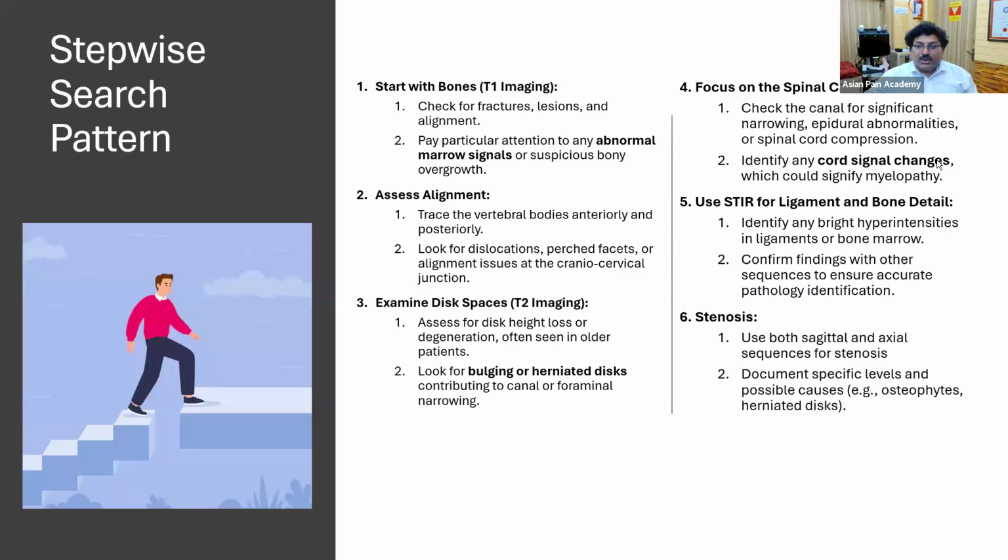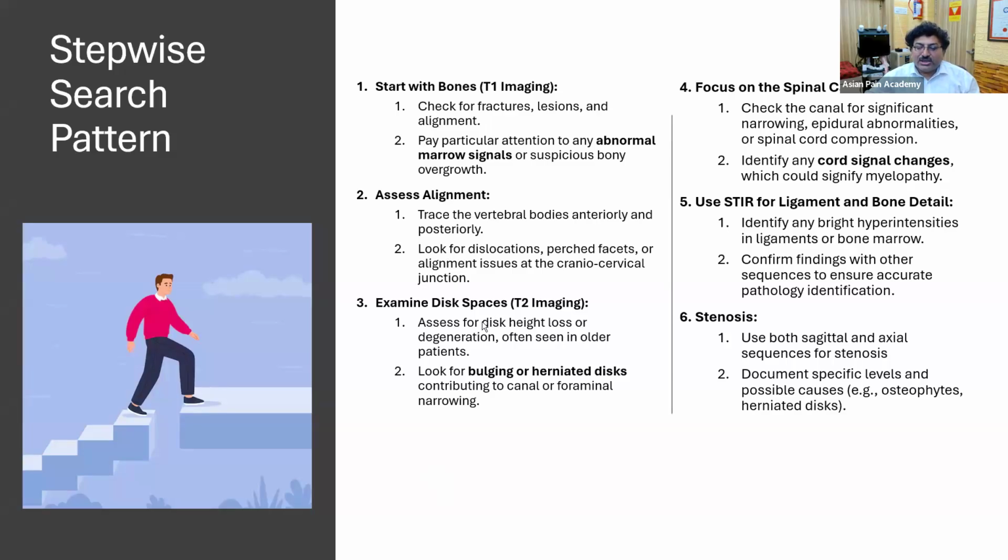Okay, now coming to the stepwise approach. Start with the bones on the T1 imaging: check for fracture, lesions, alignment, and pay particular attention to any abnormal marrow signals or suspicious bony overgrowth. Assess alignment, similar to the X-ray. Then coming to the disc spaces, check under T2 for disc dehydration by looking at the whiteness or signal at the disc.